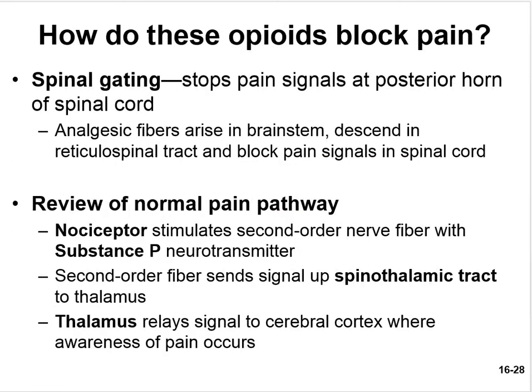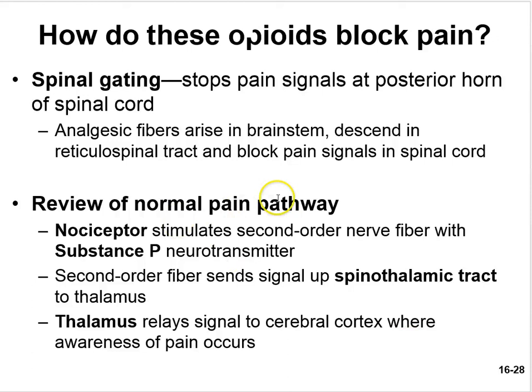For pain to be perceived, signals from the nociceptors must get beyond the posterior horn of the spinal cord and then travel to the brain. Through mechanisms called spinal gating, pain signals can be stopped at the posterior horn.